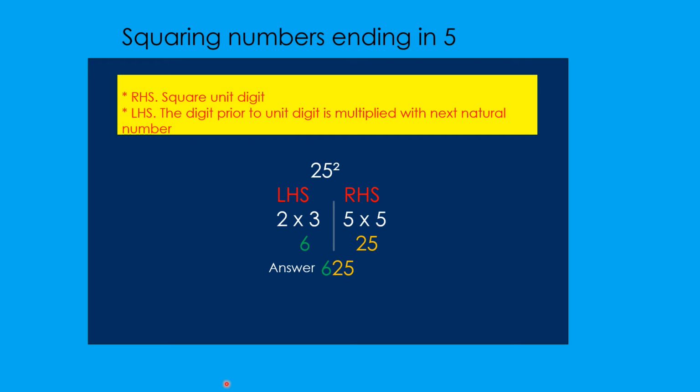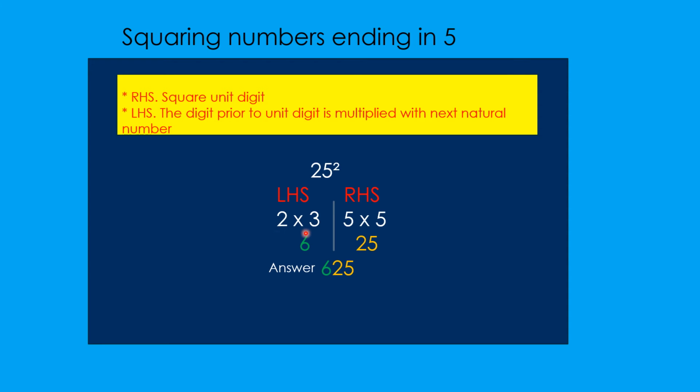25 times 25. Here again we get our answer in two parts, left hand side and right hand side. You get the left hand side by multiplying the digit prior to the unit digit with the next natural number. What digit is prior to the unit digit? It is 2.